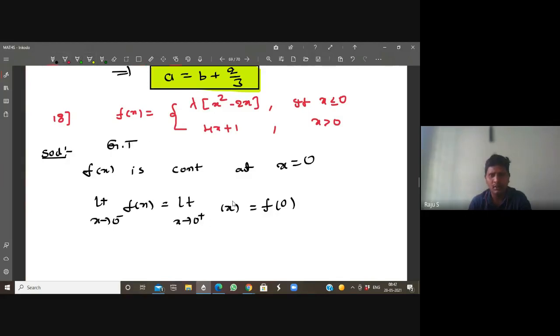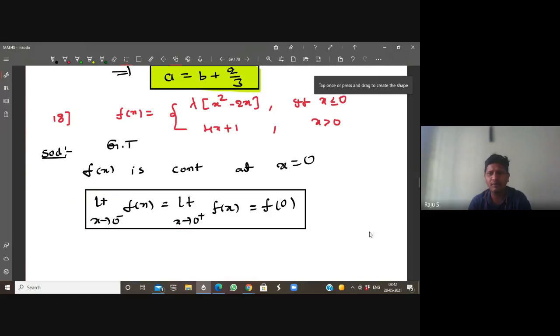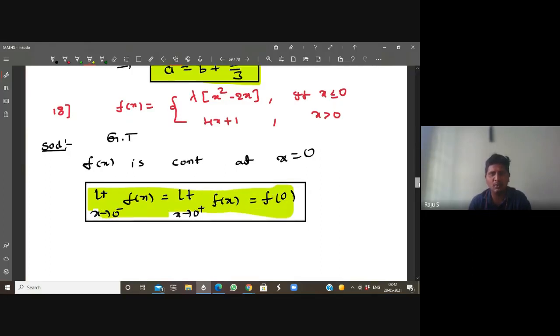Limit x tends to 0, f of x. All of you find that, can you tell me what is the left hand limit here? Anyone? Limit x tends to 0 minus.